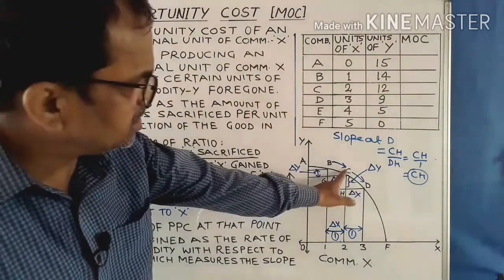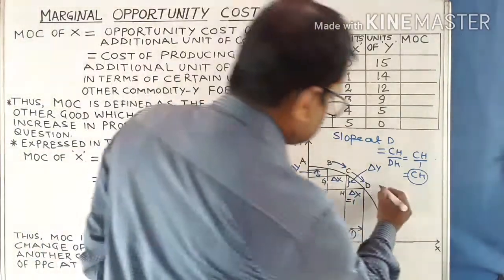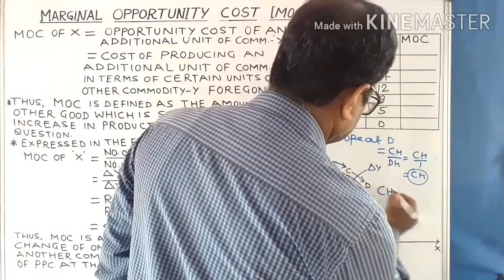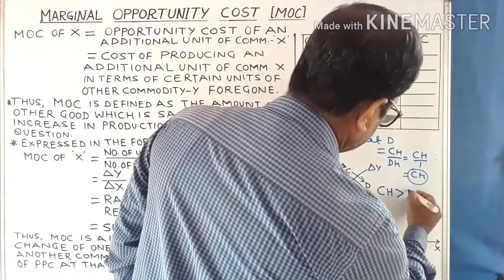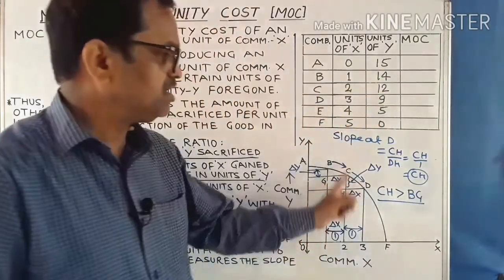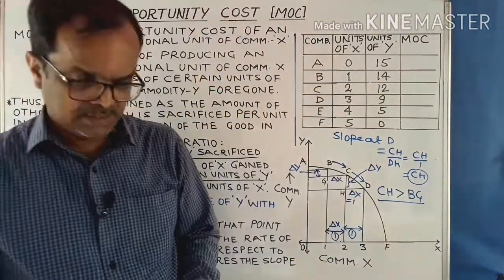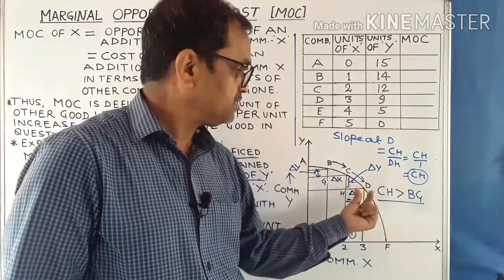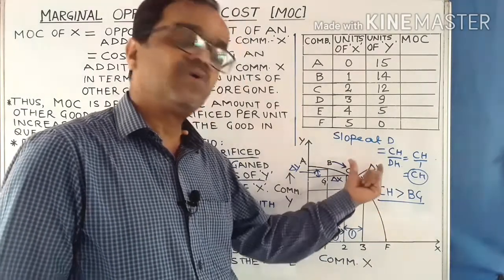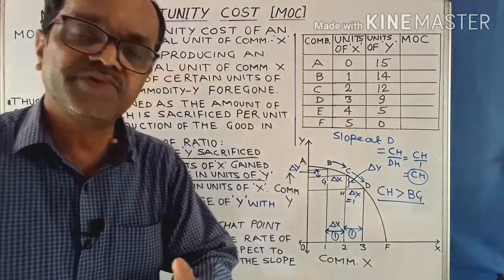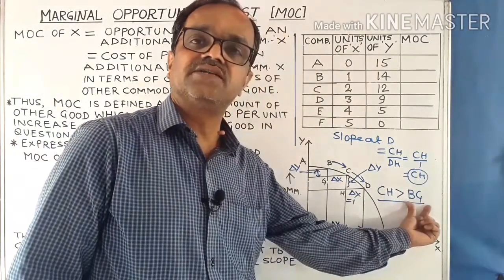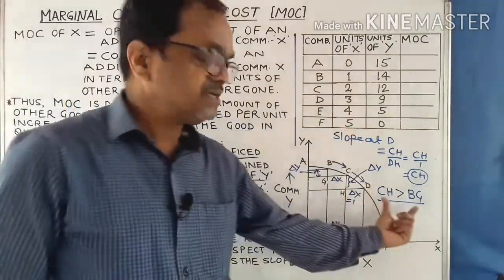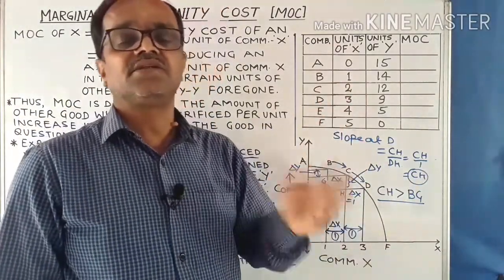Now this CH is more than BG. The unit sacrificed now at point D, CH, is more than the amount BG, that is, the slope at D is greater than the slope at C. Means here we can say that the number of units of commodity Y sacrificed at point D for one additional unit of X is more than the number of units of commodity Y sacrificed for one additional unit of X at C. Means it is a case of increasing marginal opportunity cost.